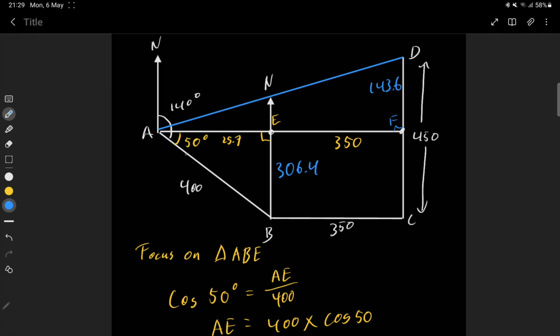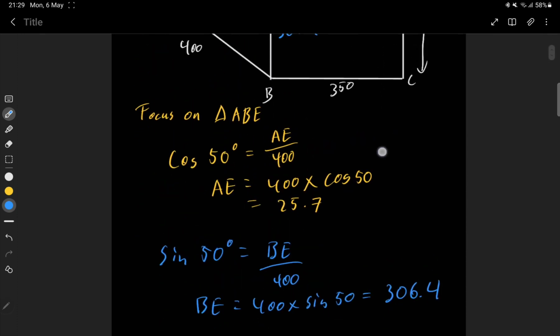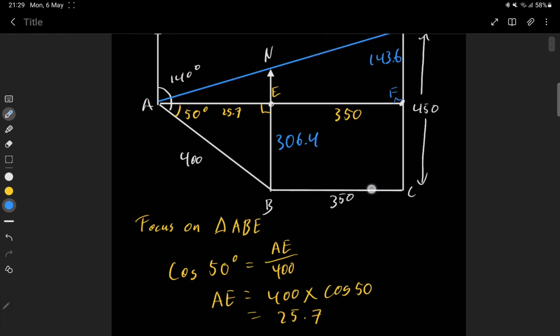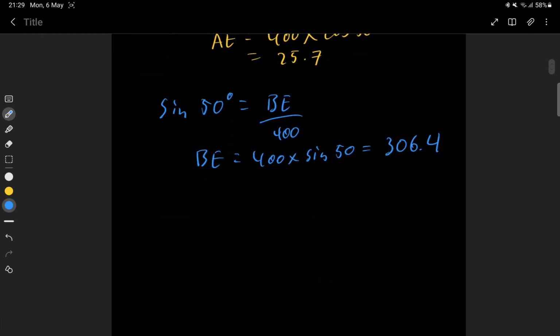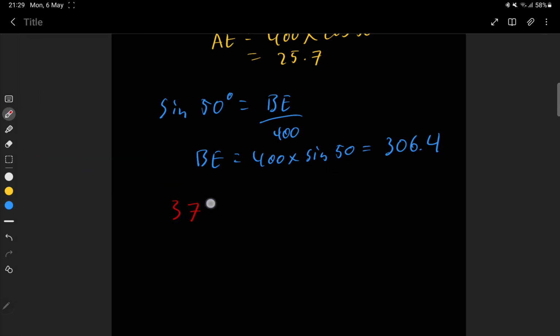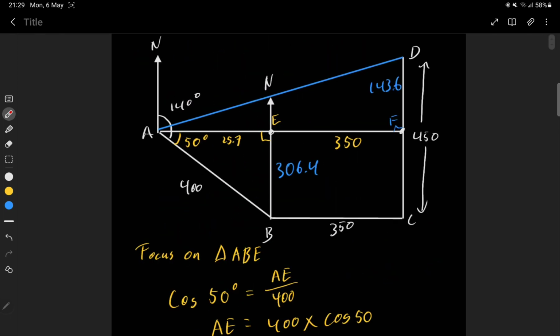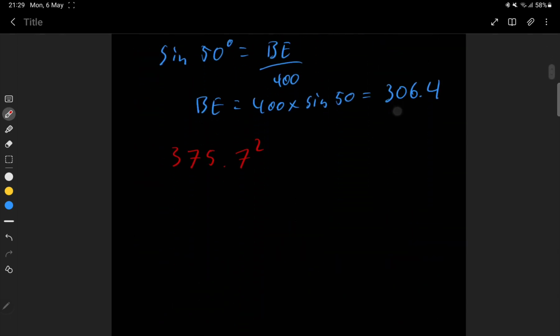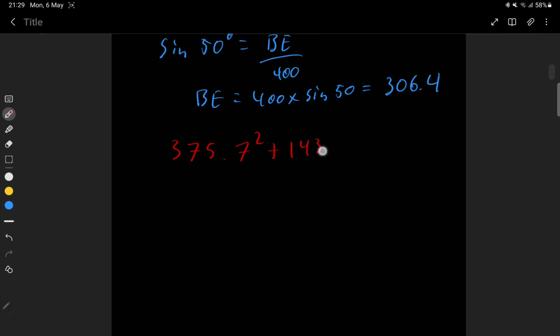So we have a right angle triangle. We have this full length here and that height. We can use the Pythagoras theorem to find out the length of the hypotenuse. So this side here would be 350 plus 25.7. That's 375.7. So that's, let me use a different color. 375.7 squared plus 143.6 squared is equal to AD squared.